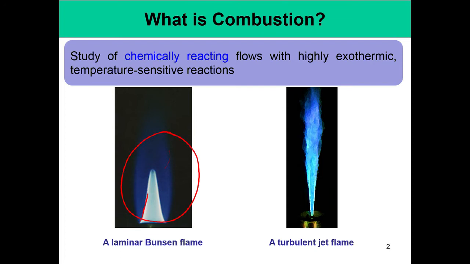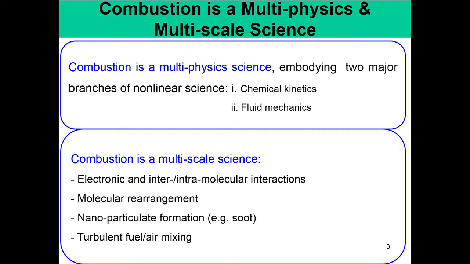This is essentially the flame structure, or sometimes you can see a turbulent jet flame in the laboratory, where combustion happens in a turbulent flow and the structure of the flame is highly distorted and wrinkled and so on. So, these are the first two kinds of flames that we can encounter commonly. Now, what is most fascinating about combustion is that there are two things.